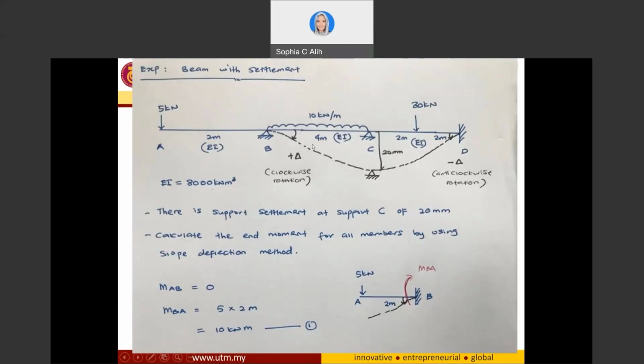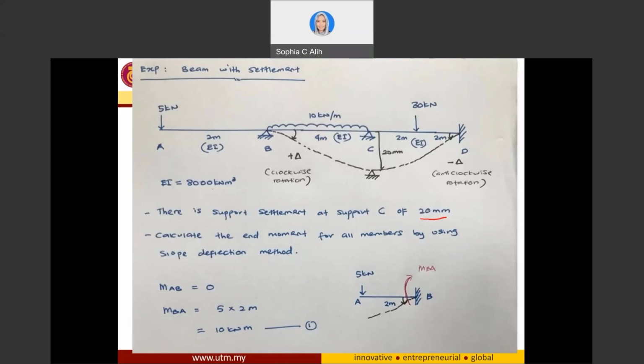the only difference, as mentioned, is just the displacement, or the settlement. And it is given that the settlement is at point C of 20 millimeter pointing downward. So as mentioned before, the only thing that we are going to make a difference is the part of the equation which has the delta.